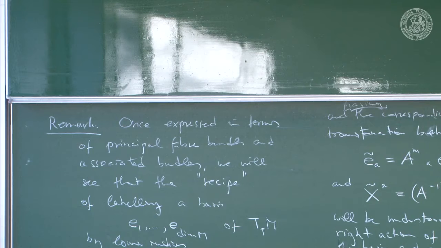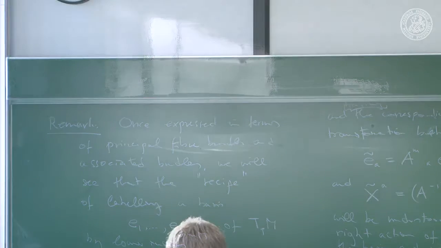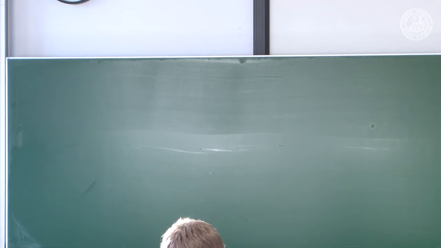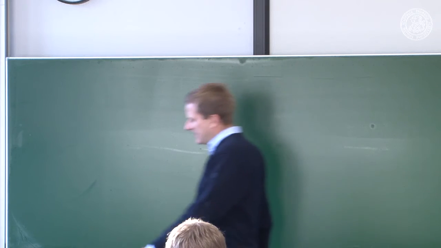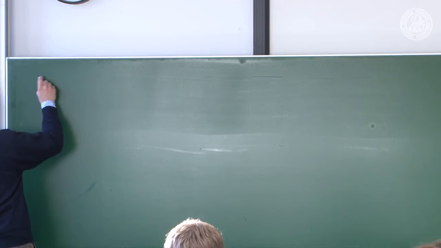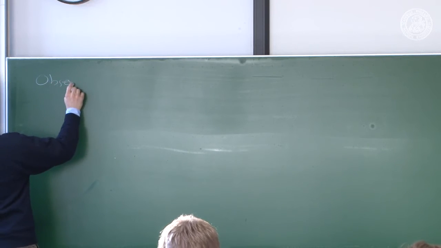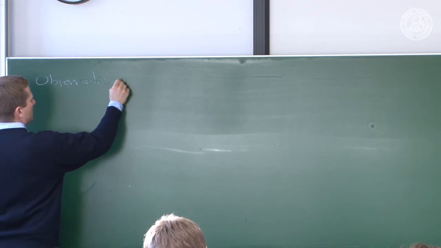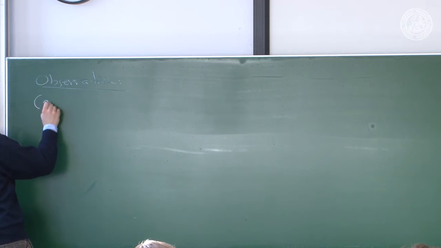For principal fiber bundles, we really just need the free actions. So what's the crucial property of a free action that we're going to use? This is an observation, and I'll ask you to show that on a problem sheet.